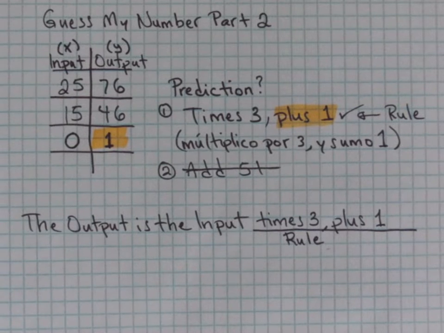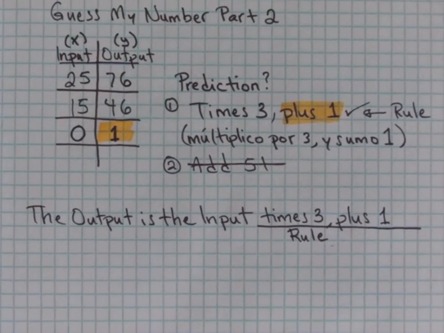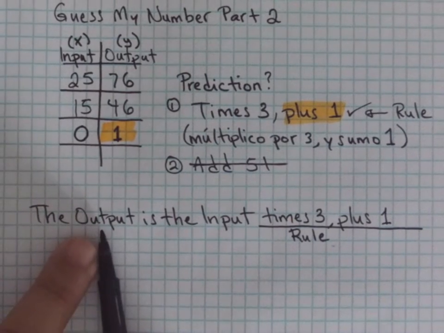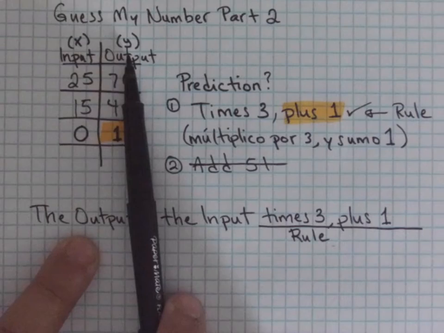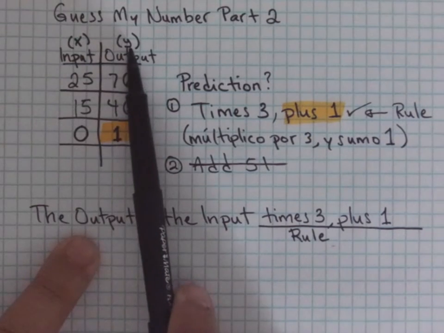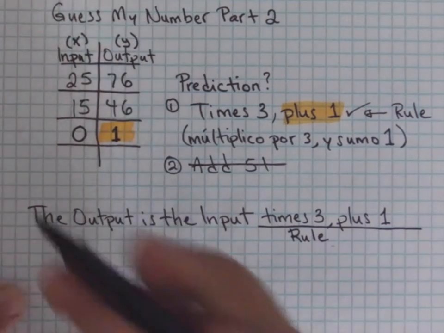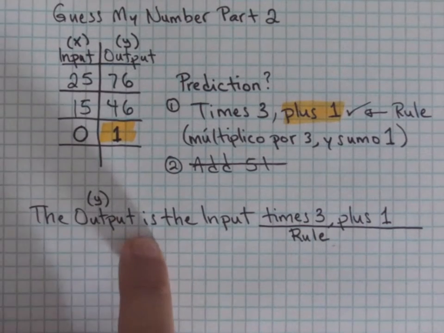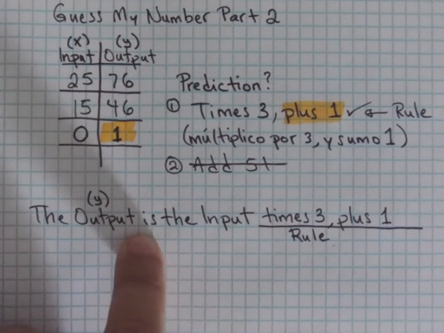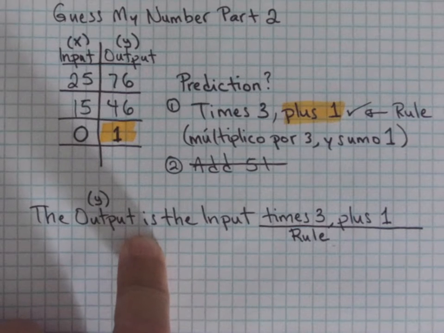Okay? So, here is what I start with. Output is up here. So it's here and it's here. But output means this letter, which is Y. Does anybody remember what is means? And we won't be dividing yet, by the way. Maybe after.